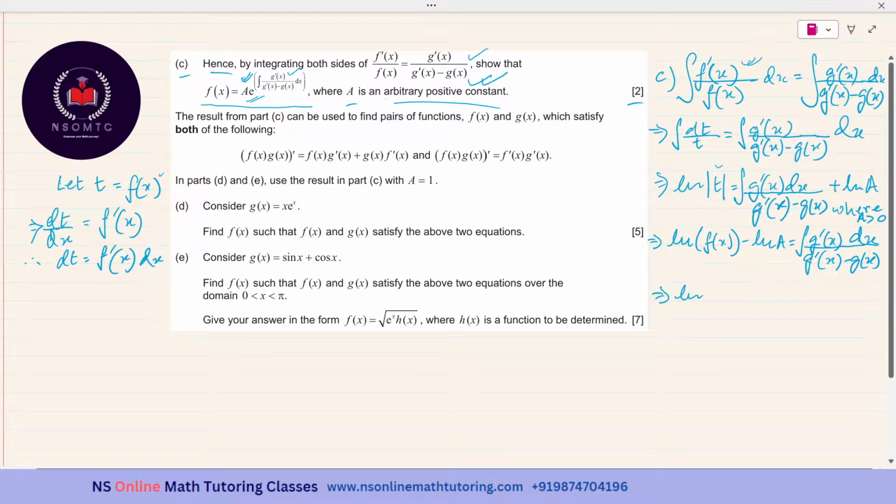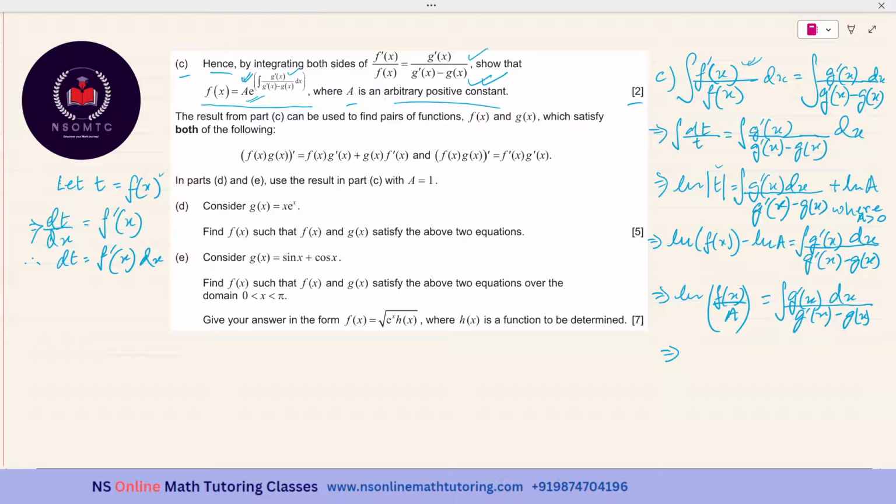So this is ln of f of x over a, equal to the integral of g dash x dx over g dash x minus g of x. Now I am taking the exponential expression, e to the power of, for both the sides.